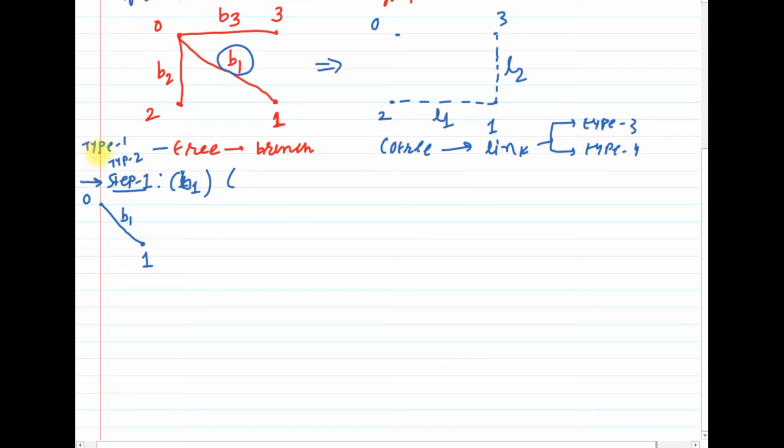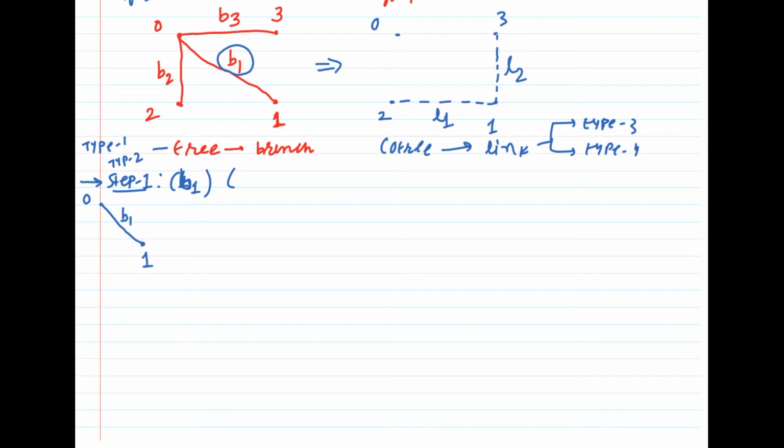Now we have to decide among type 1 and type 2 which one will be applicable for this step 1 or for this branch B1. So B1 is connected between the reference bus and a new bus Q.